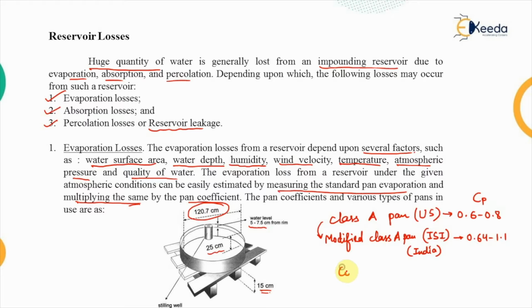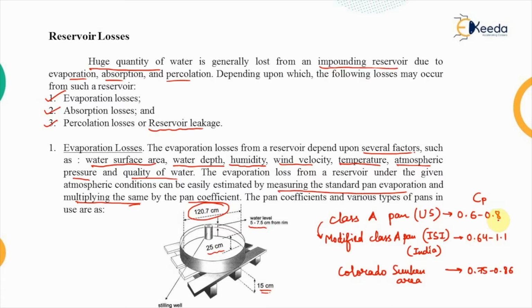And then we have the Colorado sunken pan, which is again for a particular catchment area, and the value varies from 0.75 to 0.86, and the average value is taken as 0.78.